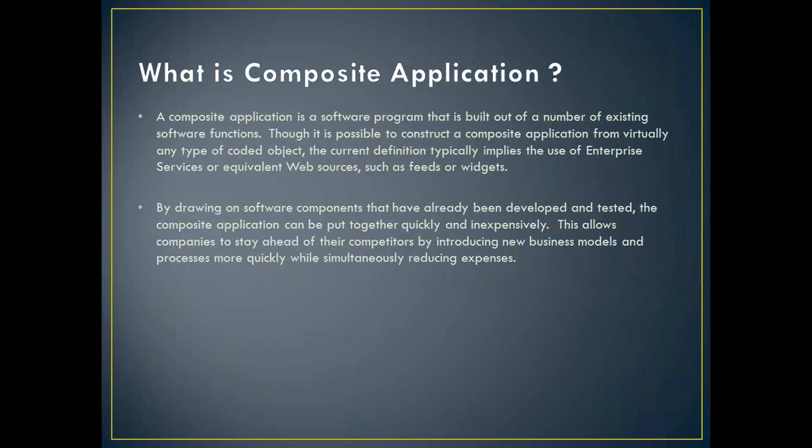In our previous slide, we were talking about how we develop, deploy, and manage all our composite applications. To understand what a composite application actually is: a composite application is a software program that is built out of a number of existing software functions.